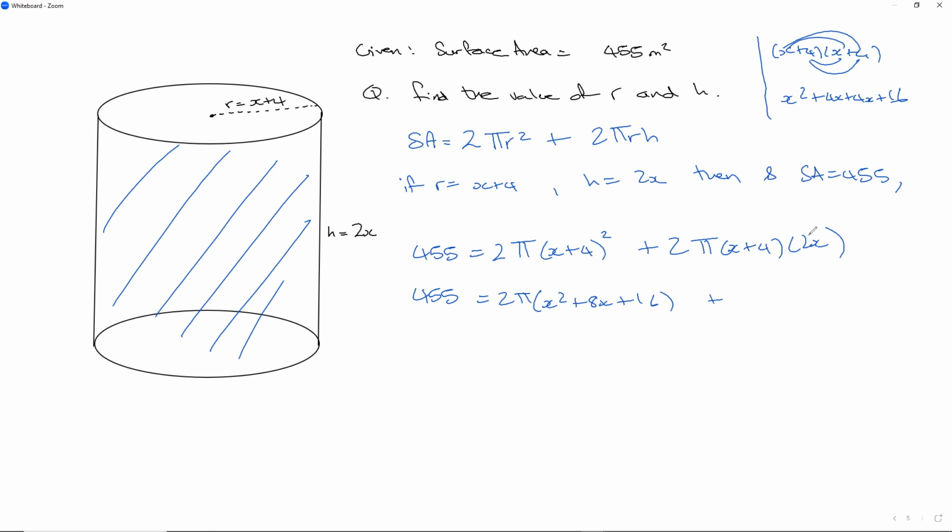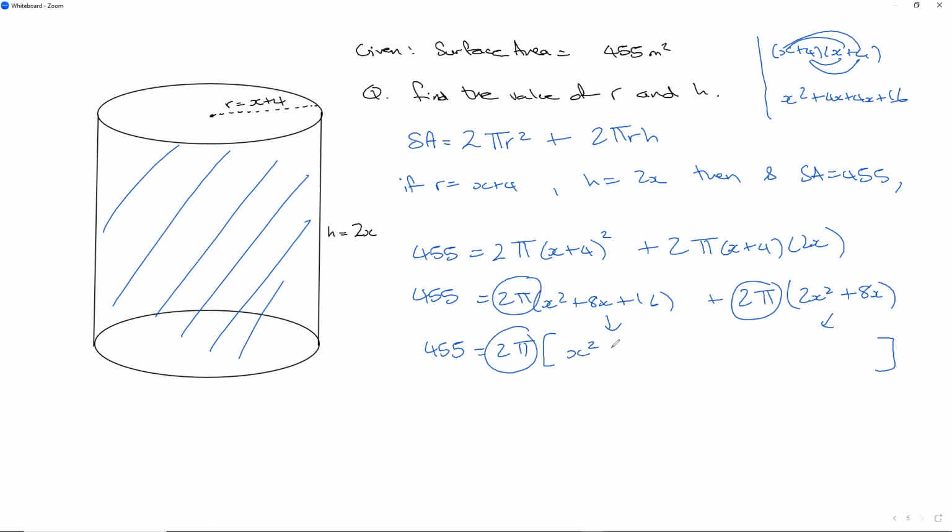Over here, I can go 2 pi. Let's leave the 2 pi on the outside. 2x goes into there, 2x squared. 2x goes into there, plus 8x. You can see 2 pi, so I'm going to factorize it. And 455 is still untouched on the left. I'm now going to bring these two brackets in here because I've now factorized this out.